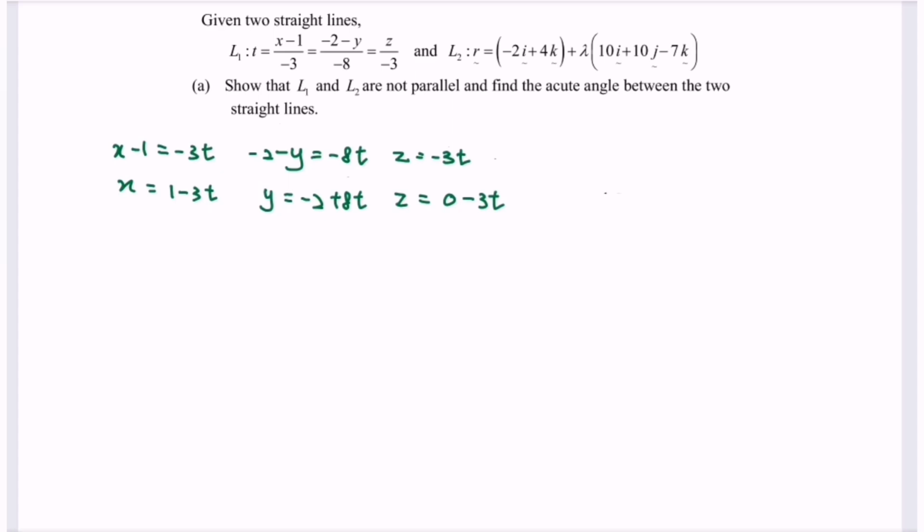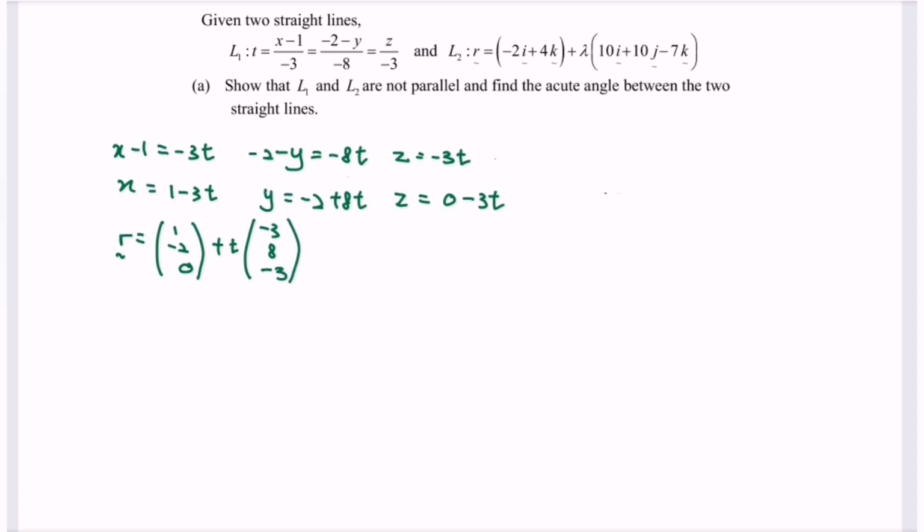So we express it in vector form: r equals (1, negative 2, 0) plus t(negative 3, 8, negative 3). This is the vector form.